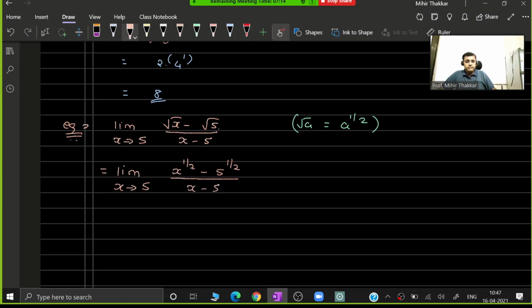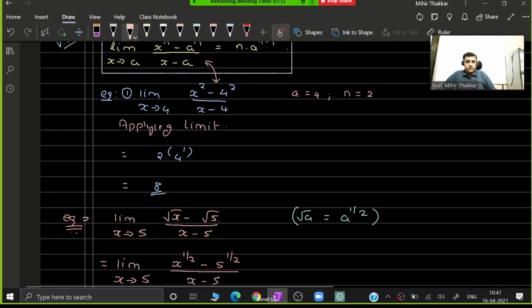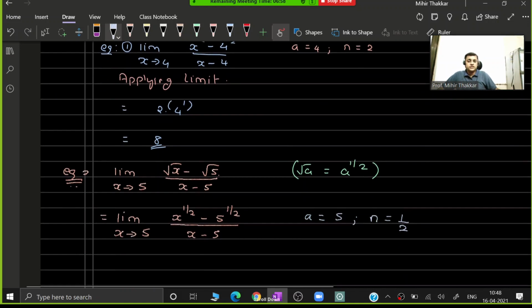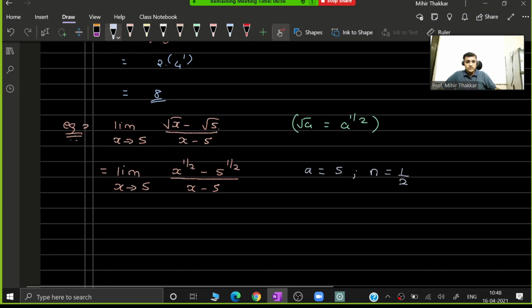Now if you compare this with the general formula, I can identify that the a value is 5, but this time the n value is 1 by 2. Whatever is there in the power is n. So n is half and the base value is 5, which is a. If I use this, it will become applying limit.